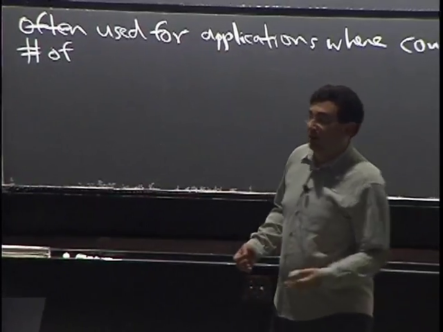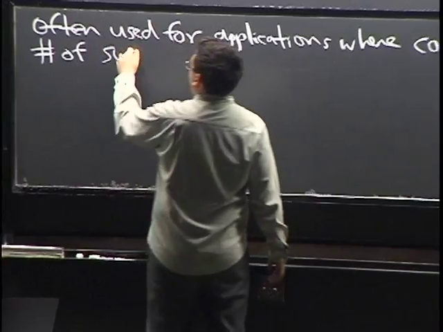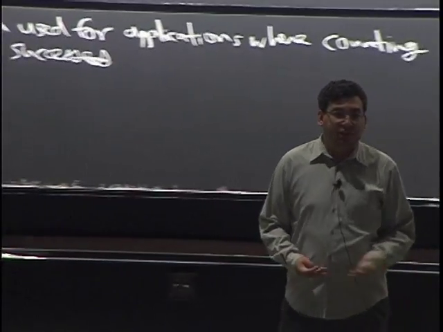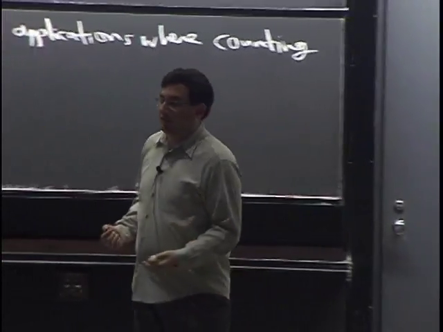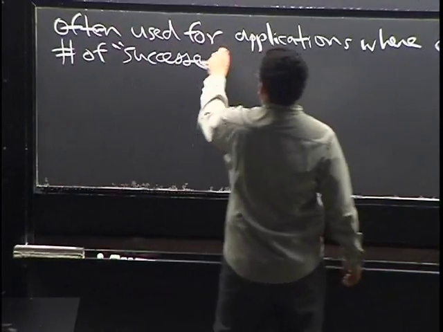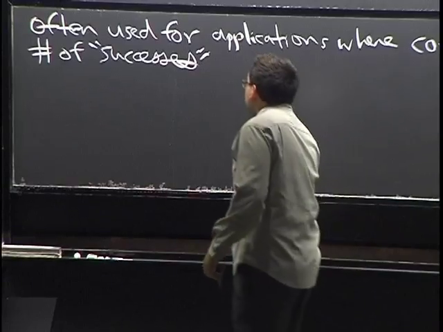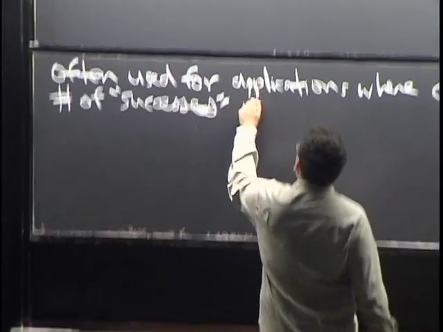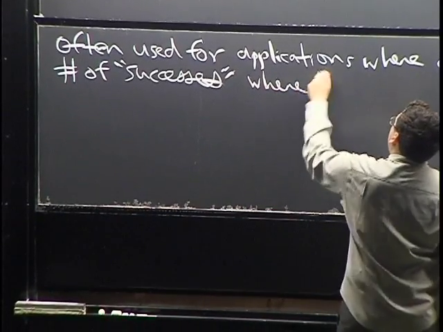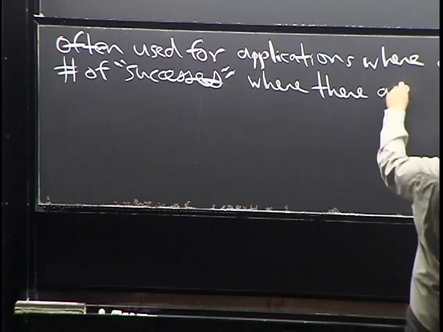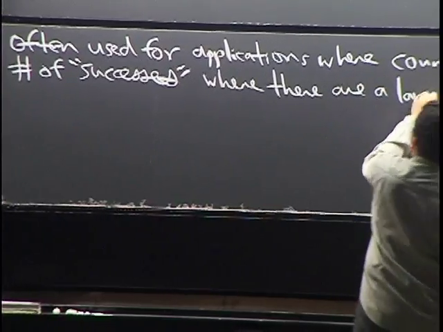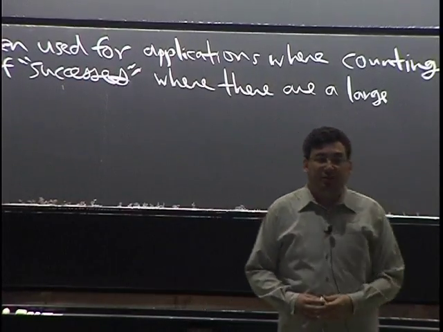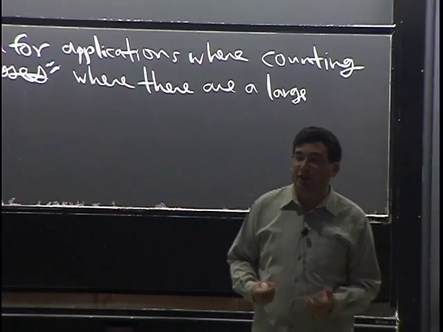Let's say the number of successes, but again, just like in the binomial, we can define success and failure in a very general way. So I'll just put successes in quotes, because we could define that in many different ways, but just to have a word. We're counting the number of successes where we have a large number of trials. So there are a large number of things, each of which could lead to success or failure, but the probability of success for each one is small.